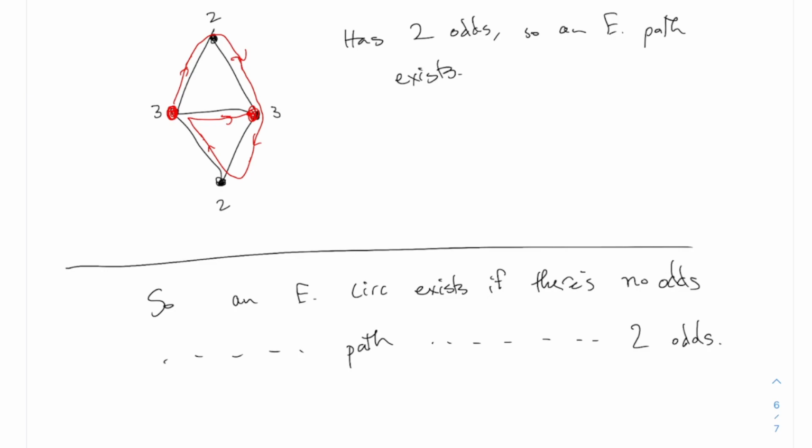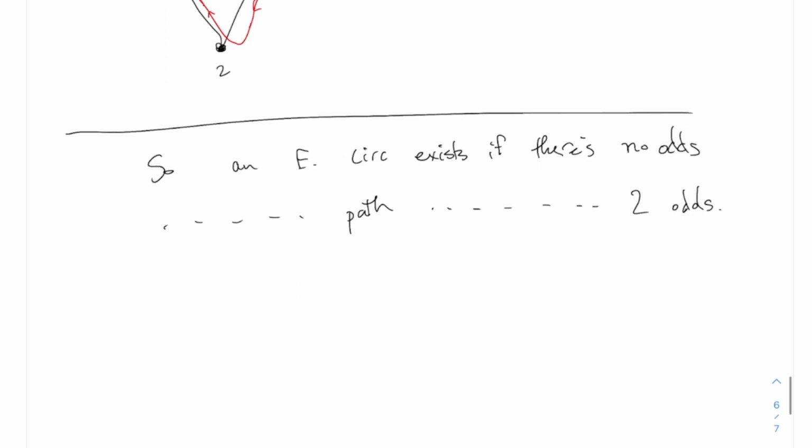What about if there's even more than that? Well, if there's more than two odd vertices, you really can't do any kind of Euler anything. You're going to have to repeat some edges in order to cover them all. What about if there's only one odd, though? This is an interesting kind of situation in the middle, right? What if there's only one odd vertex?